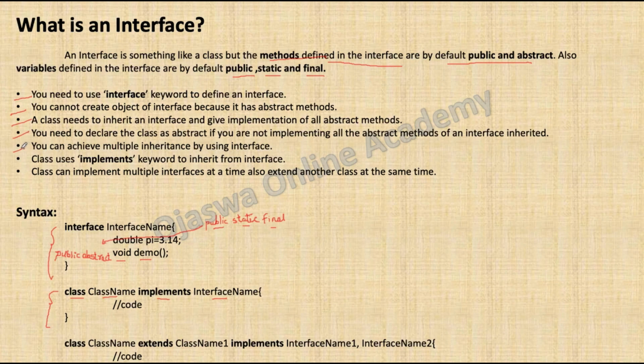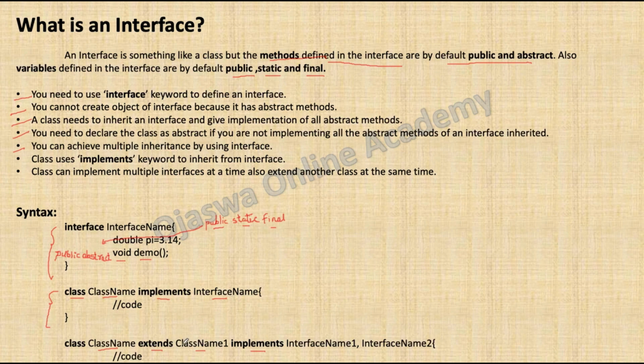You need to declare the class as abstract if you are not implementing all the abstract methods of an inherited interface. You can achieve multiple inheritance by using interface. How? Java has given this feature. You can define a subclass, for example class keyword, name of the subclass, extends some other class, implements multiple interfaces separating by commas. So Java doesn't allow multiple inheritance. You cannot extend more than one class at a time.